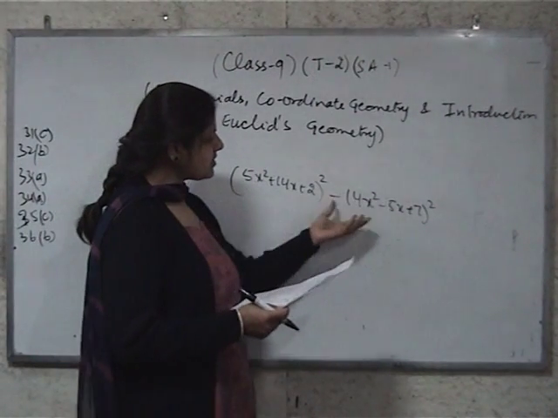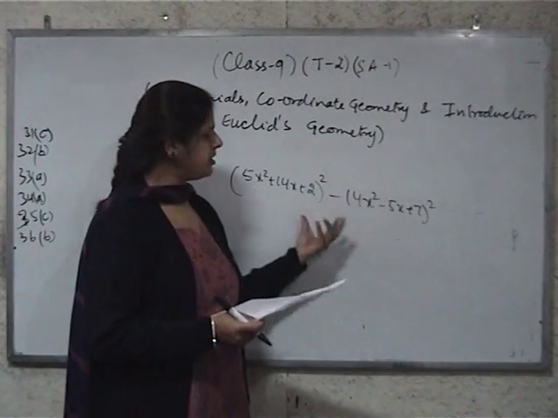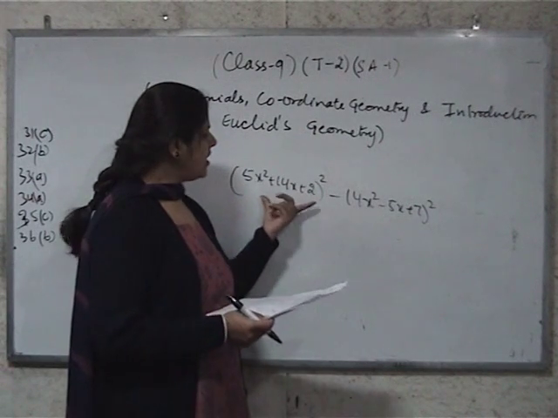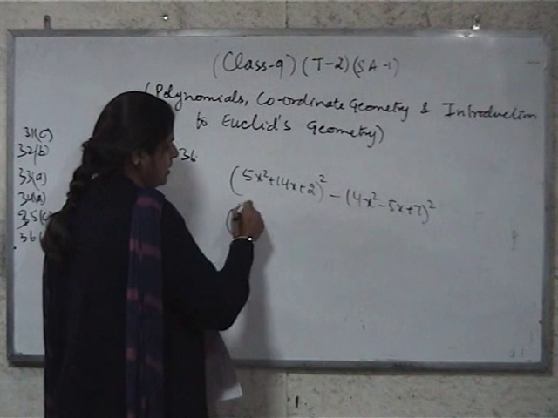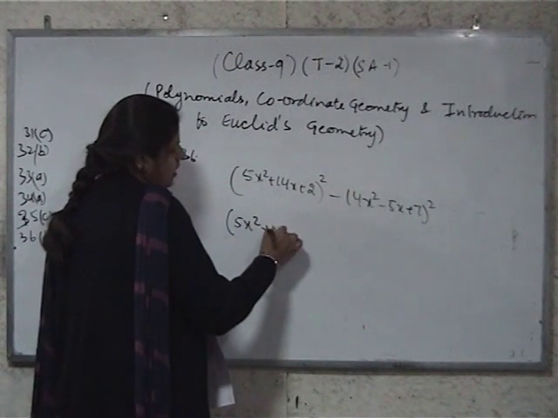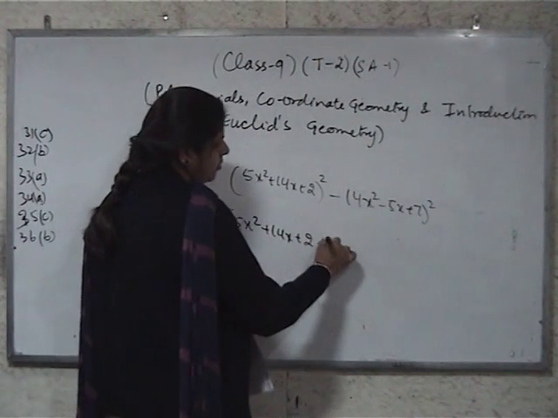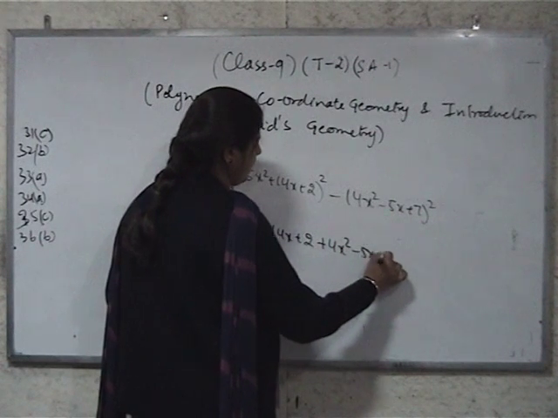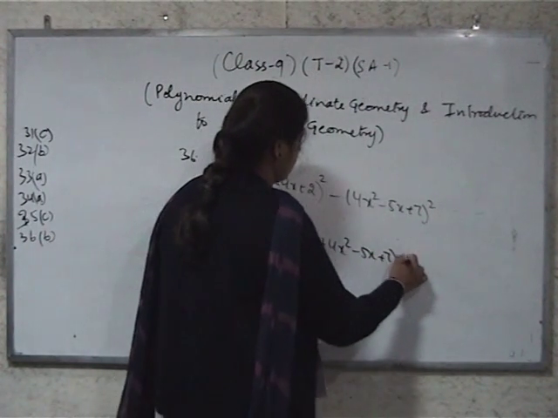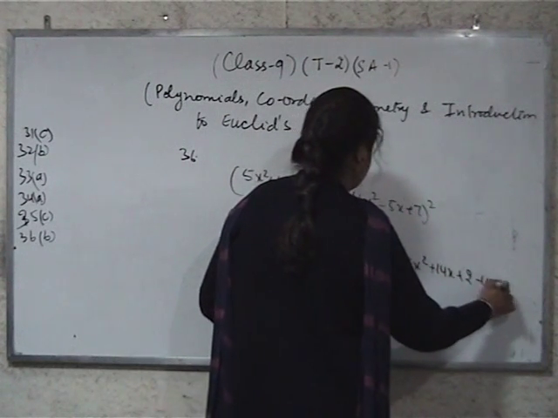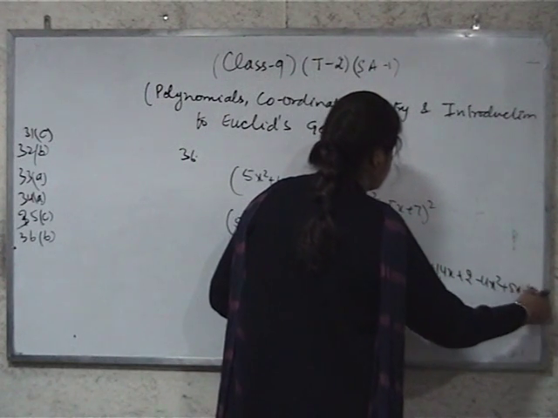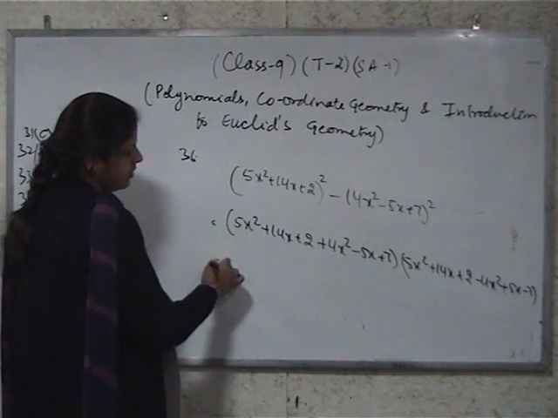Let me first simplify this. a square minus b square is again (a minus b)(a plus b). What will I get?